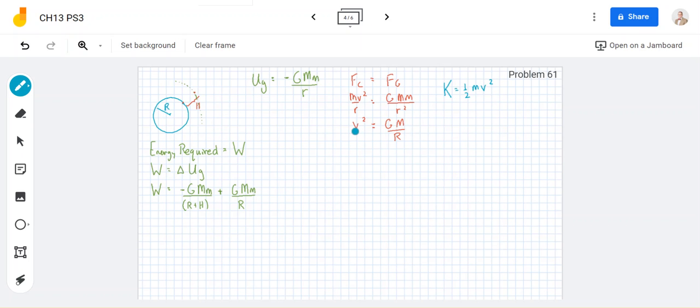I have a v squared here, so could I write my kinetic energy in terms of this? 1/2 m, and instead of v squared, could I just write GM over r? In this case though, what r are we talking about? We're talking about at this height. So little m.